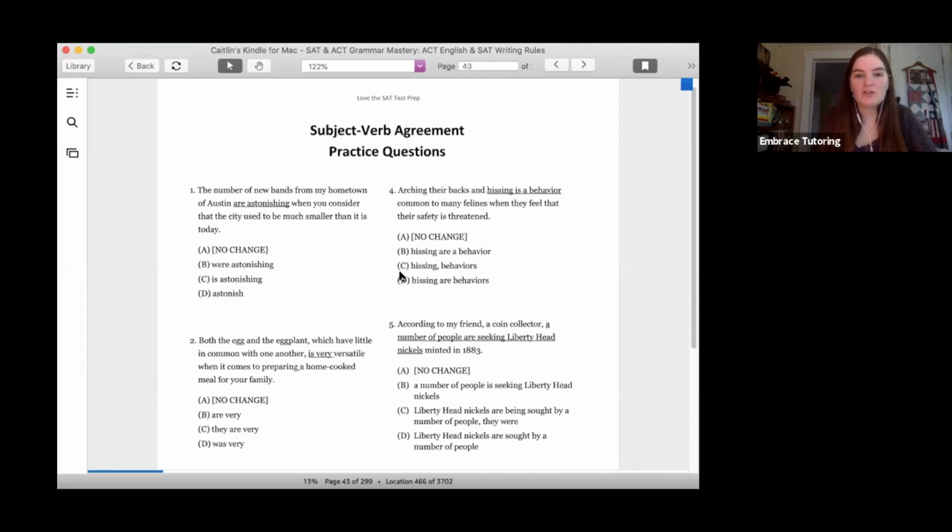You could change it again to "arching their backs and hissing, behaviors common to many felines when they feel that their safety is threatened," or change it to "arching their backs and hissing are behaviors common to many felines when they feel that their safety is threatened."